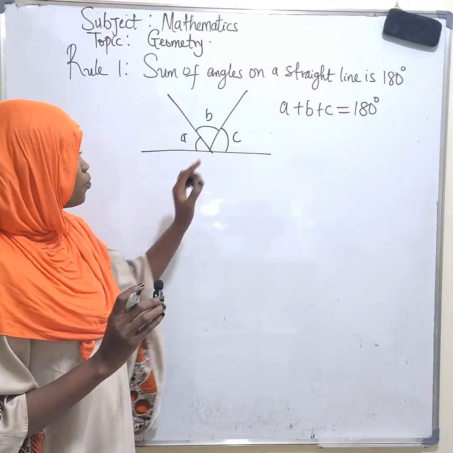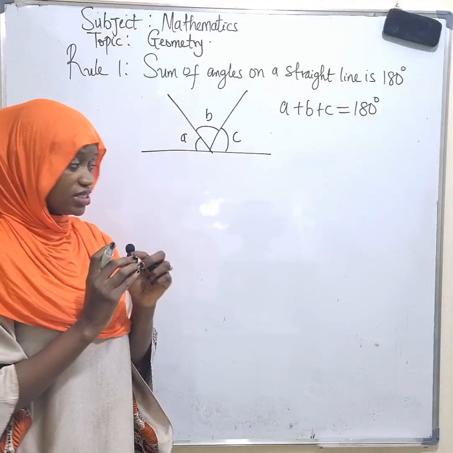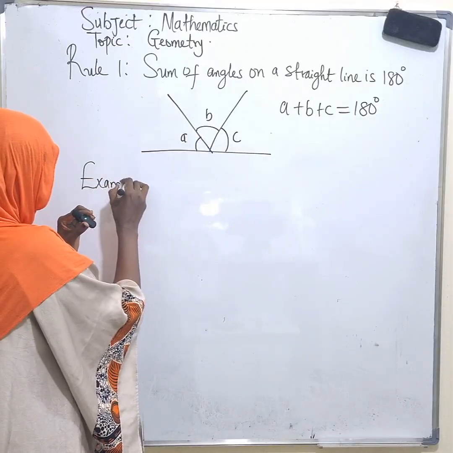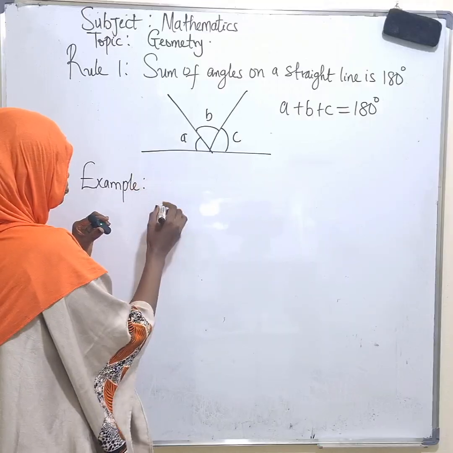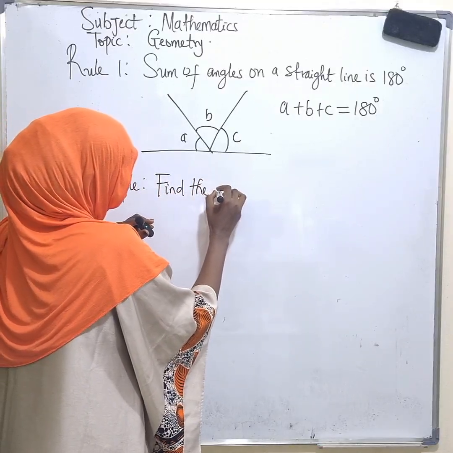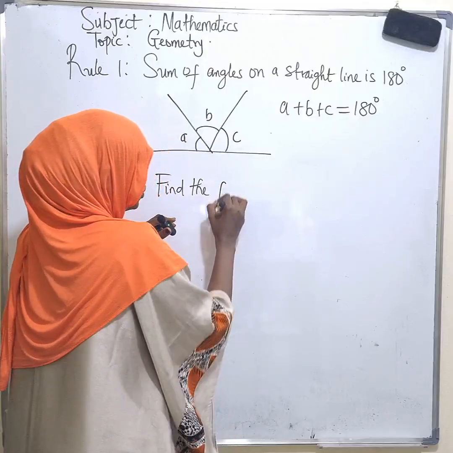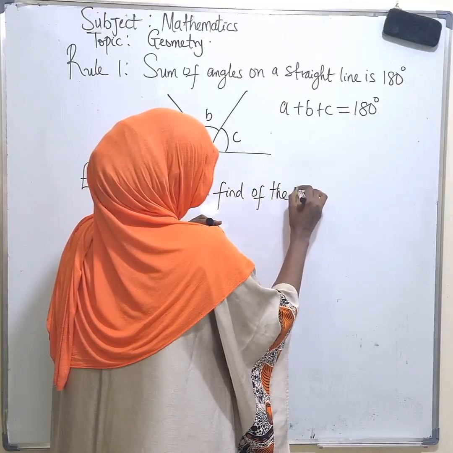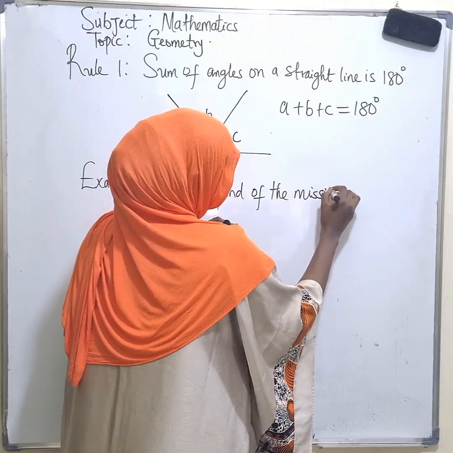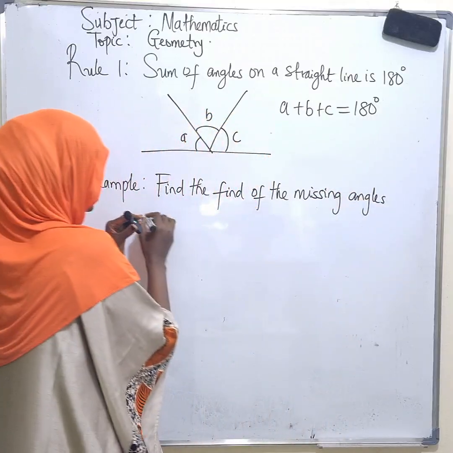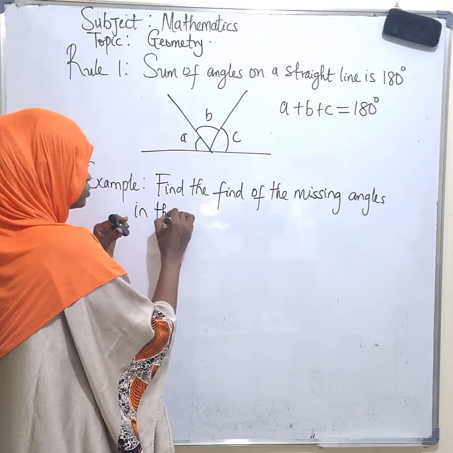So now with this rule, let's solve a worked example. Example: find the value of the missing angle in the figure below.